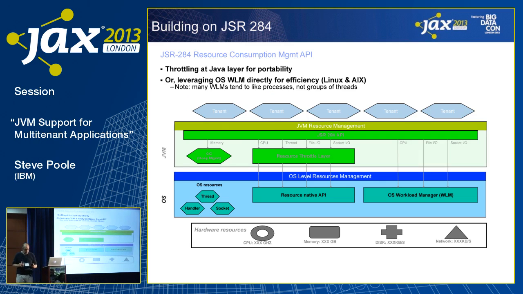Now we're not building this all completely on our own, as you'd imagine. There's a great JSR out there, 284, which has been around for some time, and this is all about resource consumption management. So it's got the ideas of how you describe what you want to do, and what we've done is basically taken that and built it into the VM.